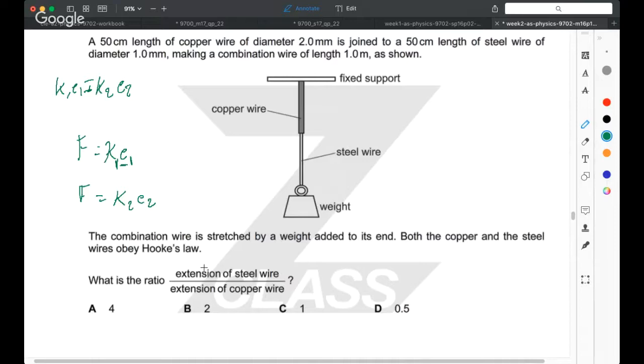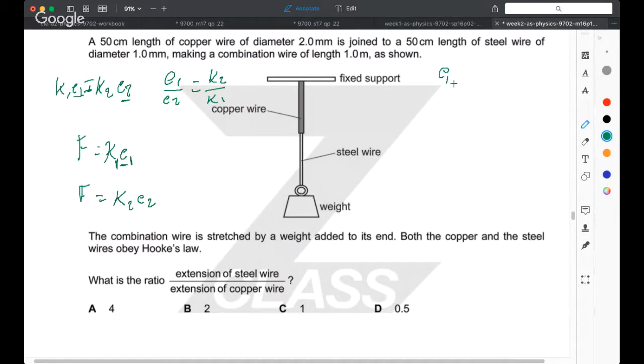If the extension of the wire, they're not asking you exactly the extension, they're asking you the ratio. So we would say that one is the stainless steel, so it's E1 over E2, which is equal to K2 over K1.